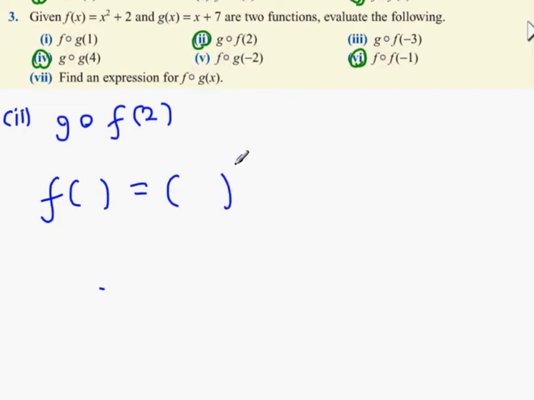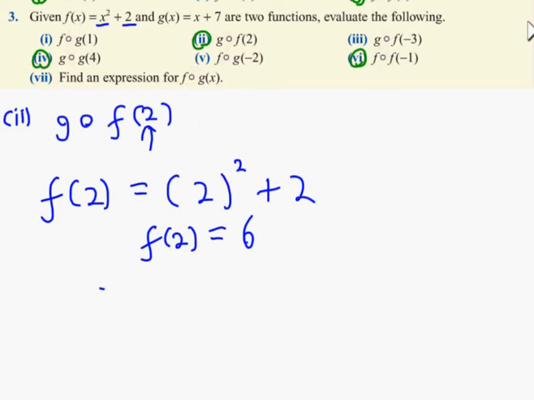So whatever is beside the f, square it and add on 2, only for this question. So what is it? 2 squared plus 2, and f of 2 therefore is going to be 6.